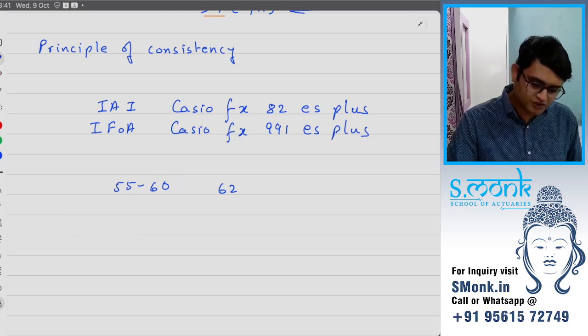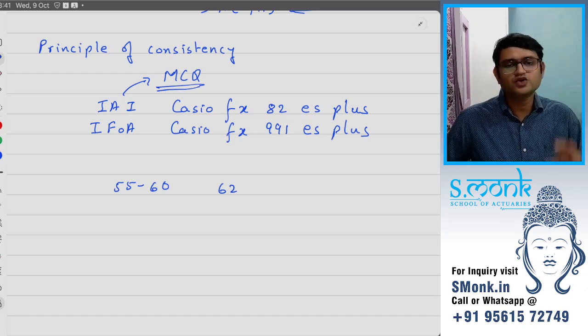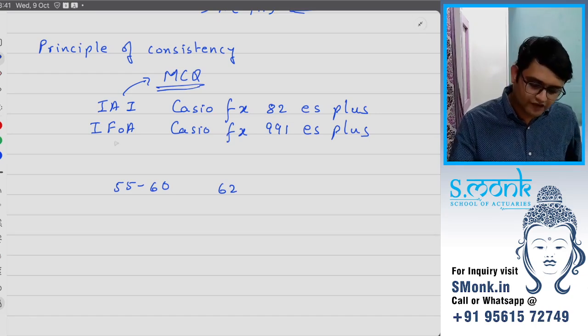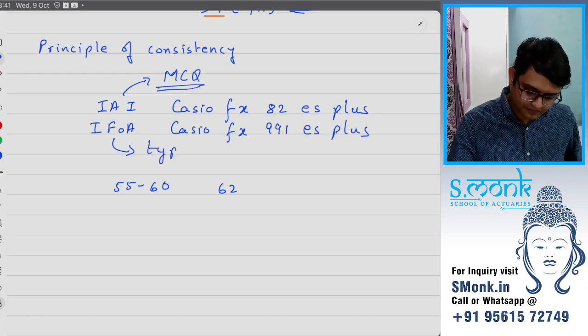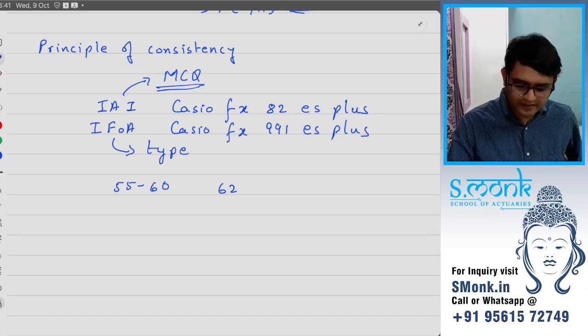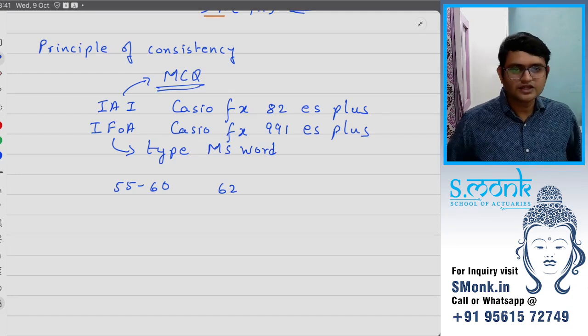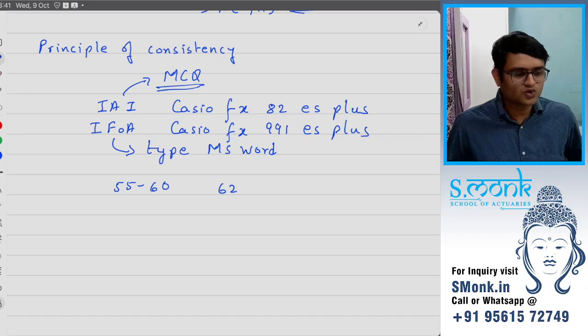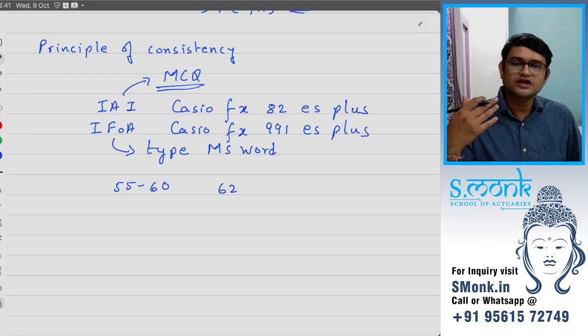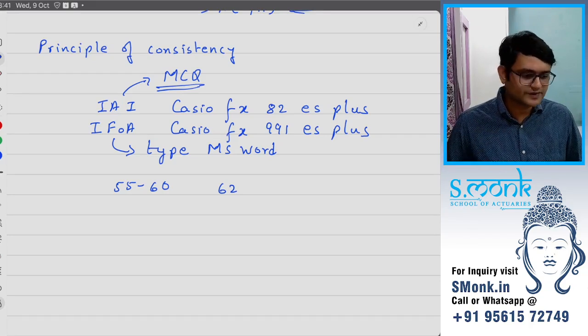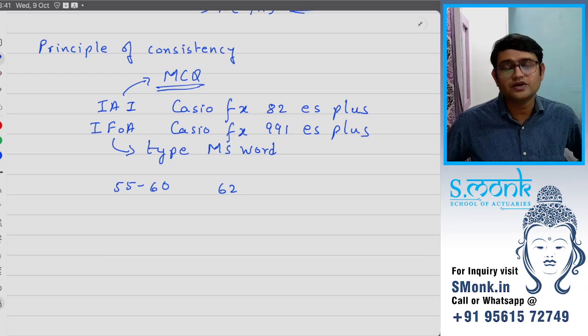Okay, so the IAI paper is going to be completely MCQs. Even though we are studying the same course, in IFOA you will have to type in the paper, type in MS Word. In IAI they will just ask you MCQs, because most of the students who are not very familiar with computers have a lot of problem in learning to type in MS Word, especially if you have to learn to type mathematically.